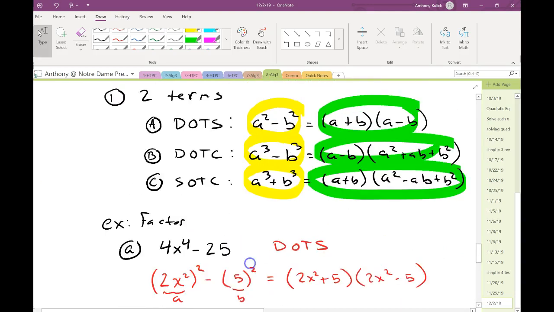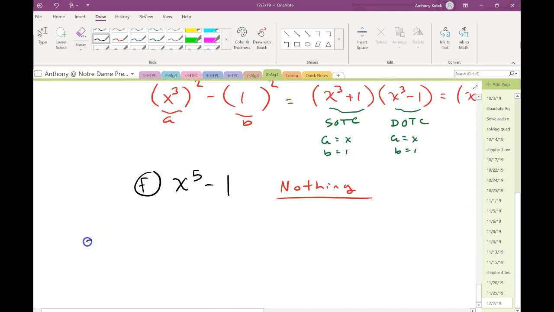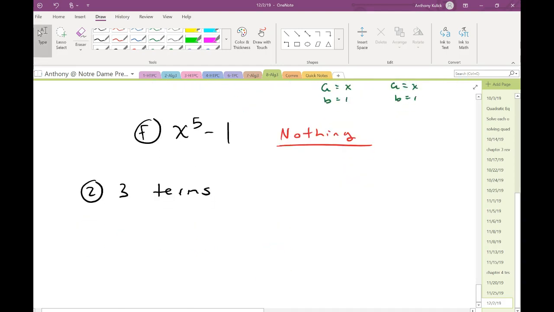All right, where are we at now? So the next situation is if we have 3 terms. I wrote the right word, I said the wrong thing.